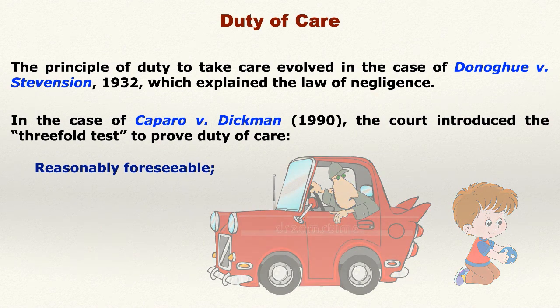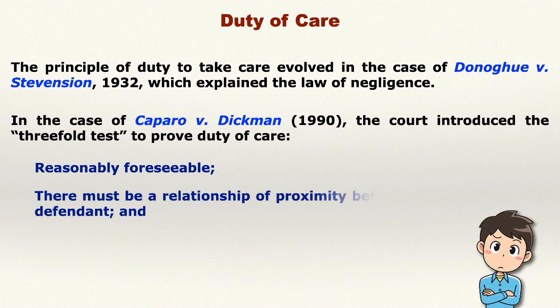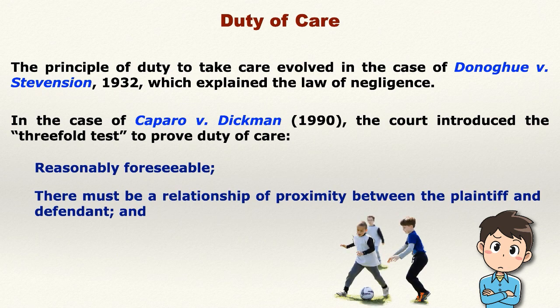Okay, the next one is there must be a relationship of proximity between the plaintiff and defendant. So what does it mean? This is talking about a sort of relationship. I give you another example in order to understand this. See, in a parking lot, a few boys are playing ball.